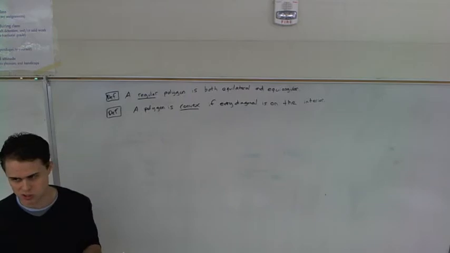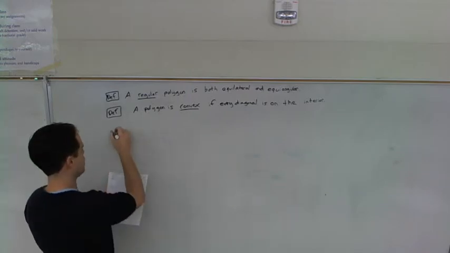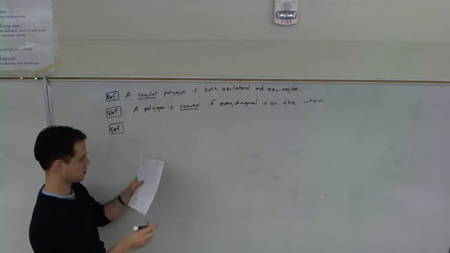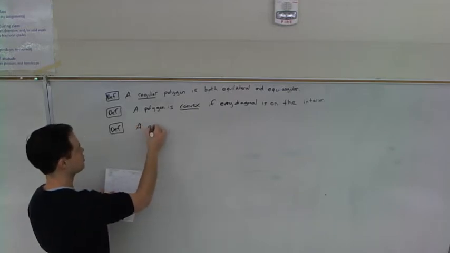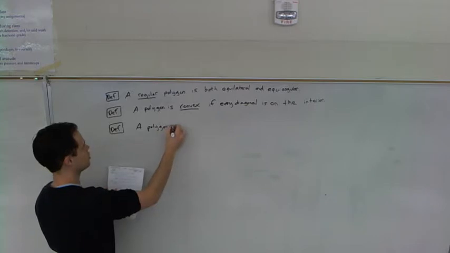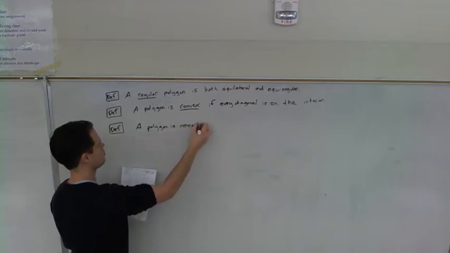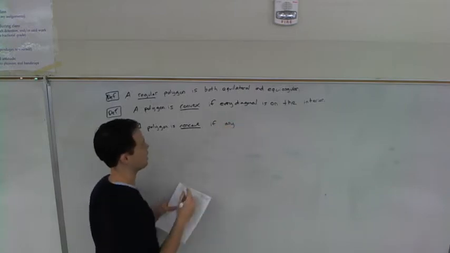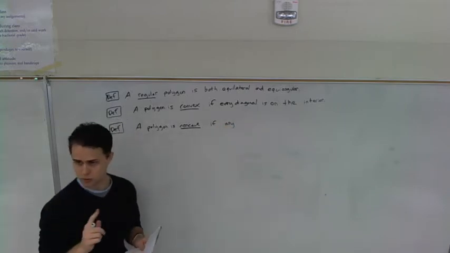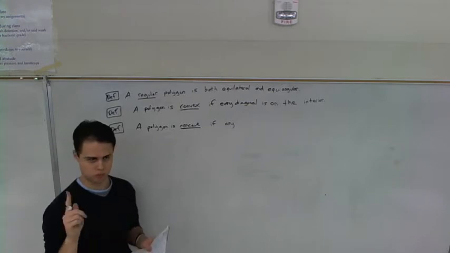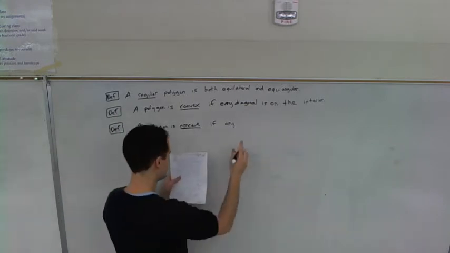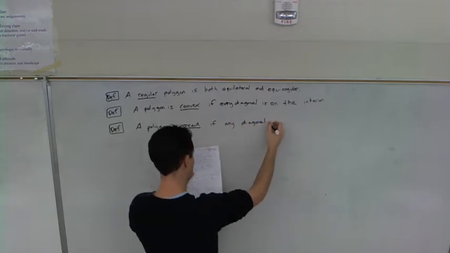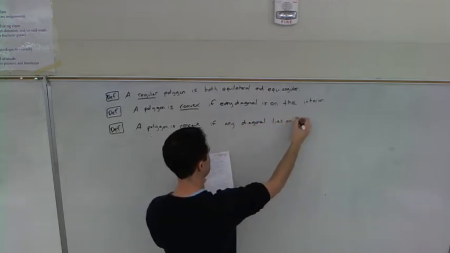We'll look at some pictures of this. And then the last definition for the section is concave. A polygon is concave if any diagonal, that means just one, like a counterexample, lies on the exterior.